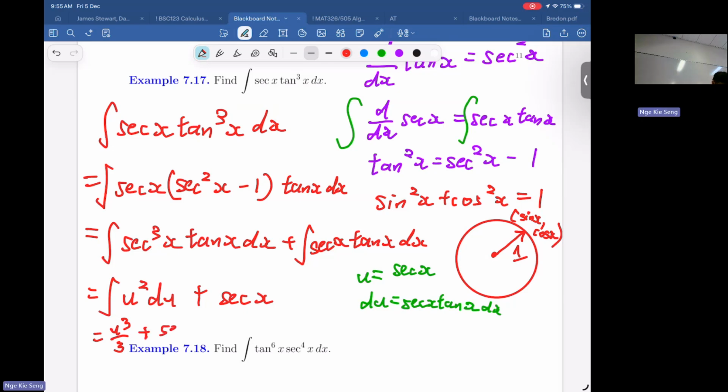So this is just secant cube x over 3 plus secant x like that. Do I have a sign problem here? Yeah, I got a sign problem. This sign needs to come down, so make sure you put the sign right.